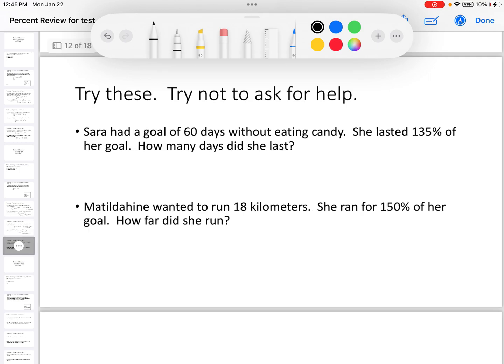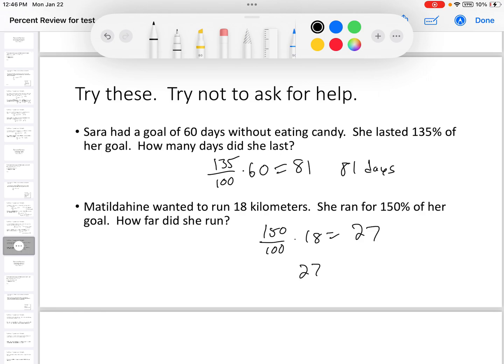Okay, next page. 135%, 135 over 100 times 60. 135 divided by 100 times 60 is 81. 81 days is how long she lasted. 150%, 150 over 100 times 18. 150 divided by 100 times 18 is 27. 27 kilometers is how far she ran.